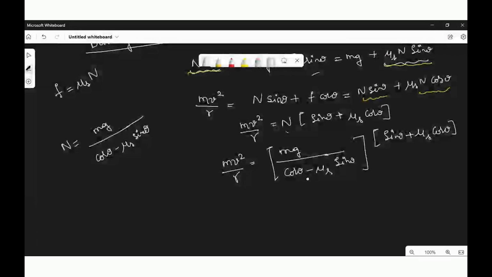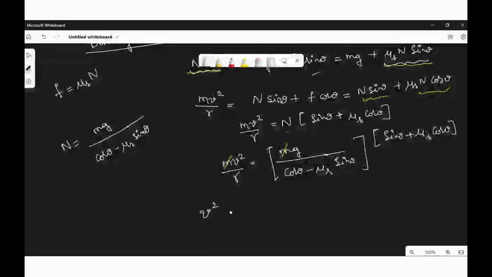Now we'll do a little more calculation, because we want an expression for v. You can send this r to the other side, and cancel m with this m.